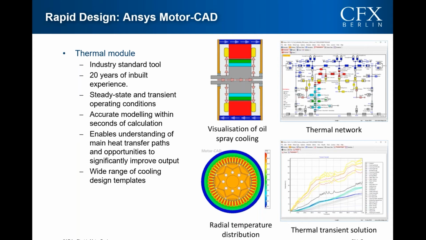It allows for accurate modeling of thermal behavior within seconds of calculation. And it uses CFD, FEA, and empirical correlations for that. So it can help you understanding the main heat transfer path and develop opportunities to significantly improve the output of your machine.